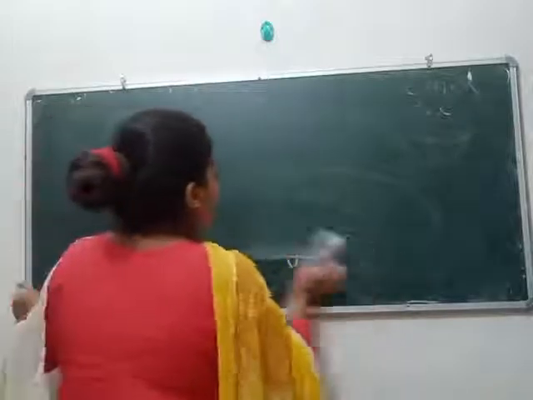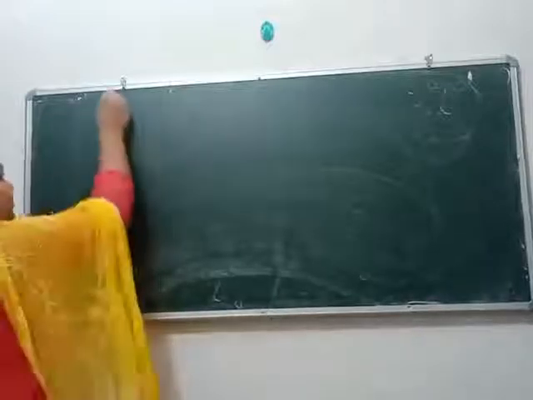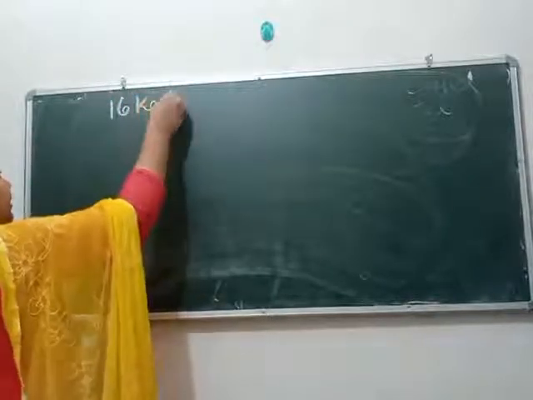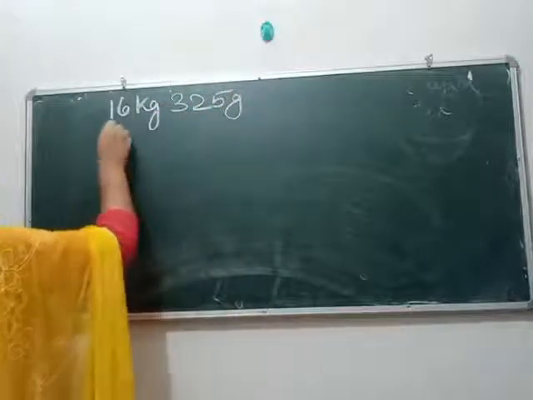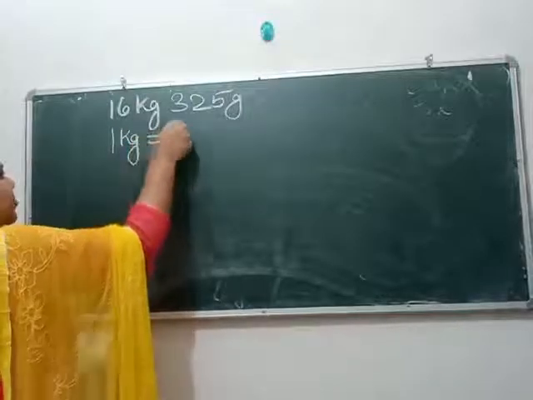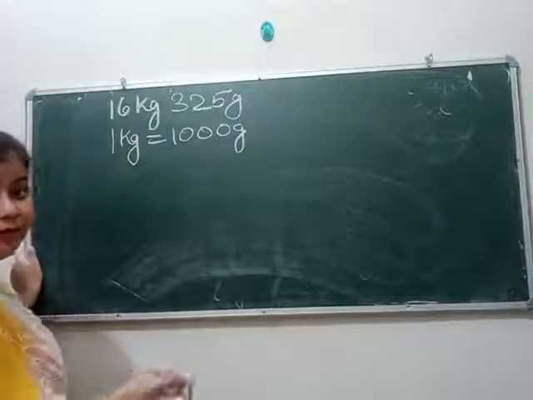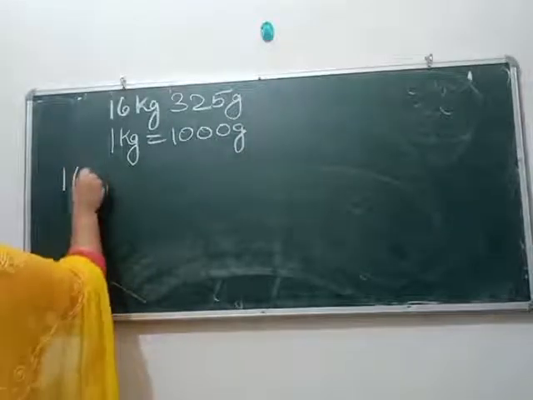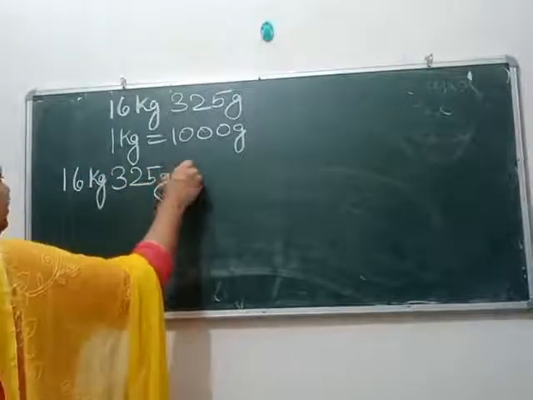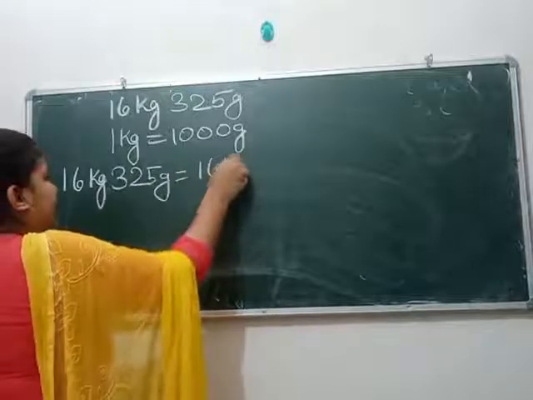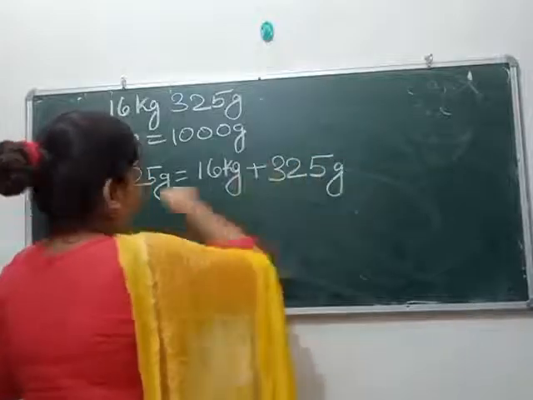Now, if we have to convert 16 kg 325 gram into gram, what we will do? Our first line will remain same, that is 1 kg equals to 1000 grams. Now we are having 16 kg 325 gram equals to 16 kg plus 325 gram.